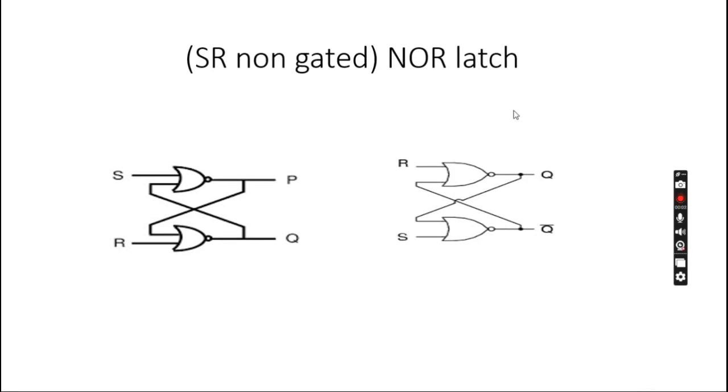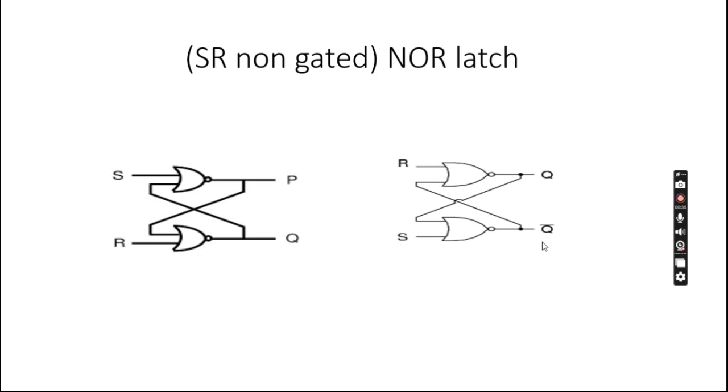In this lecture, we'll discuss the SR non-gated NOR latch. In this we need two-input NOR gates. One thing we have to observe compared to the NAND latch: in the NAND latch, straight to the yes we write Q, but here straight to the yes we have to write Q bar.